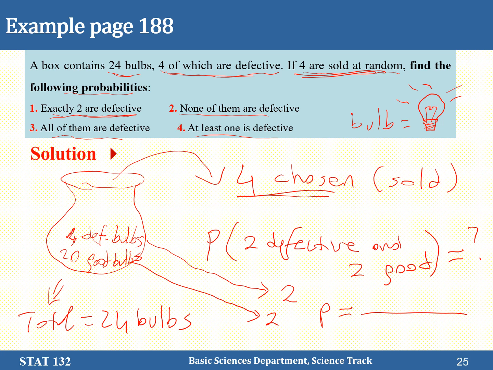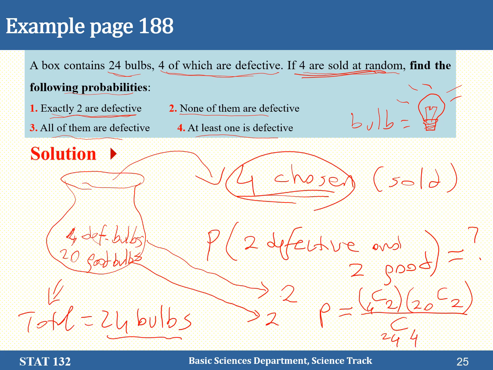It has to be 4 choose 2 times 20 choose 2, divided by 24 bulbs in total and 4 is chosen. It has to be 24 choose 4.